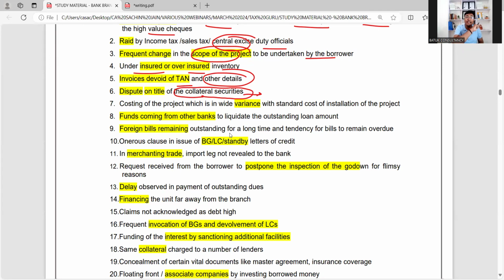In that case, we need to check why there is dispute on account of the title. The TAN means, if suppose the borrower has taken a term loan for buying certain plant and machinery, we all know there is a requirement of deduction of TDS. So if the TAN number is not mentioned on the invoices provided and other details are not mentioned on the invoices of the plant and machinery, this is a signal of certain fraudulent events.